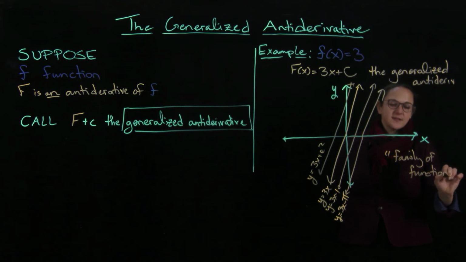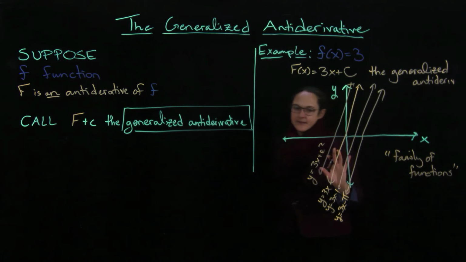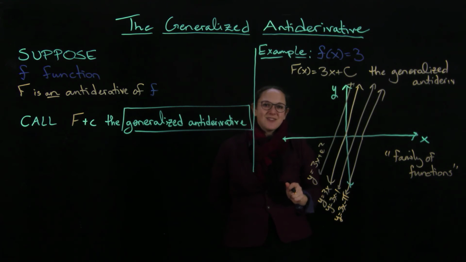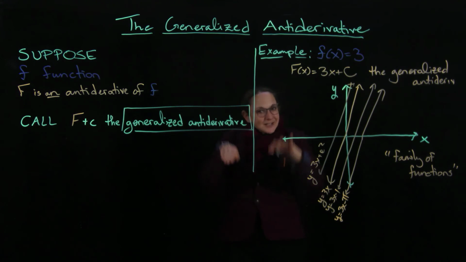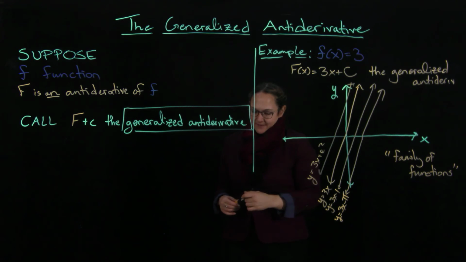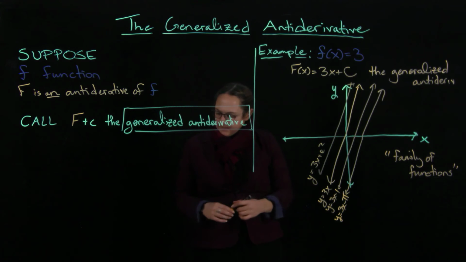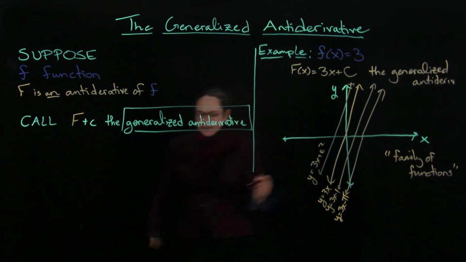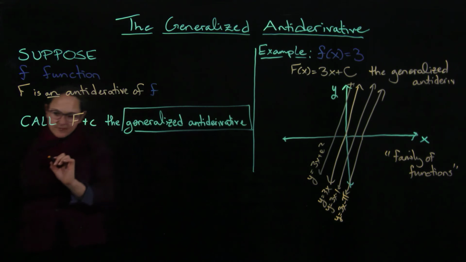And another key point is that it's precisely all the vertical translates of a given antiderivative. I think that's a nice visualization of what's going on.